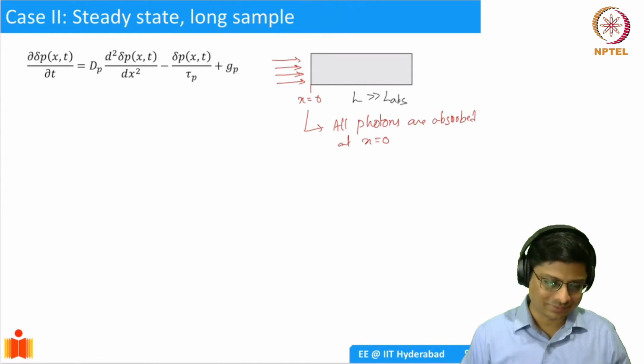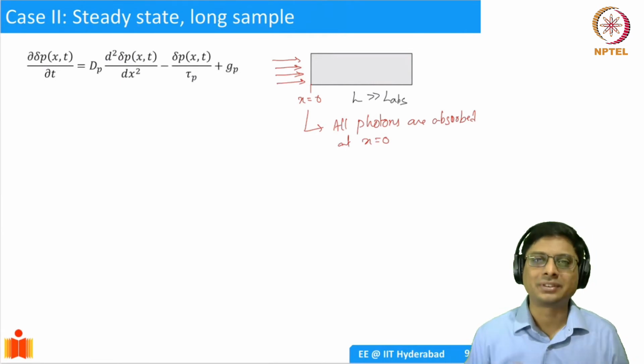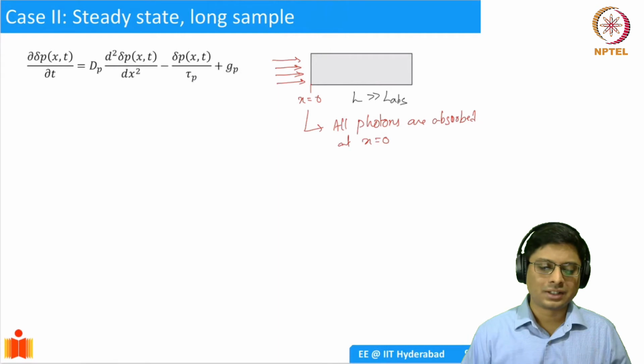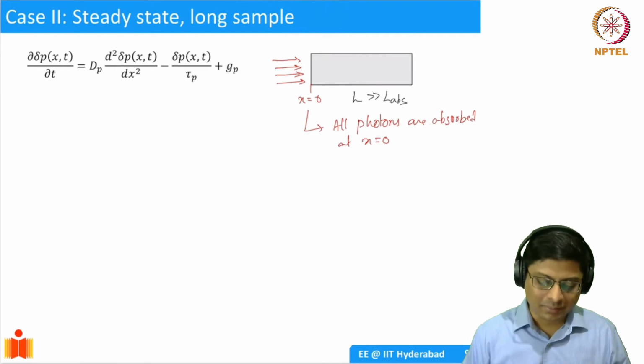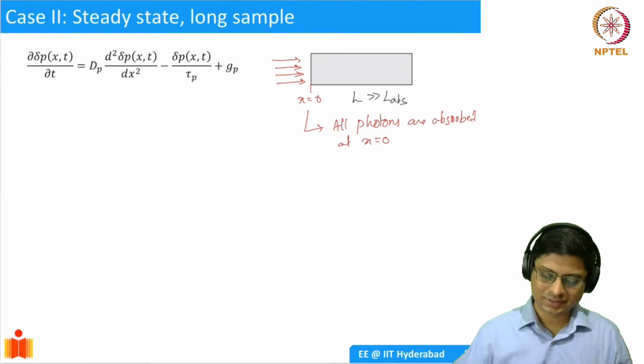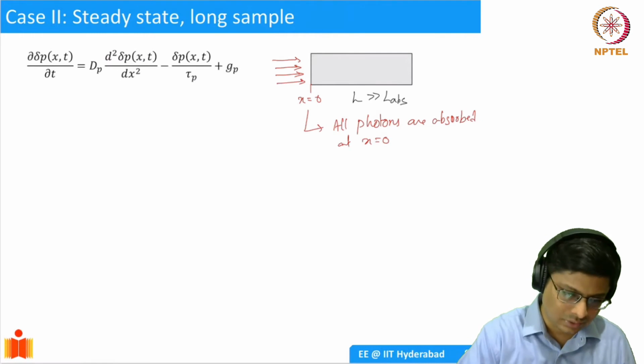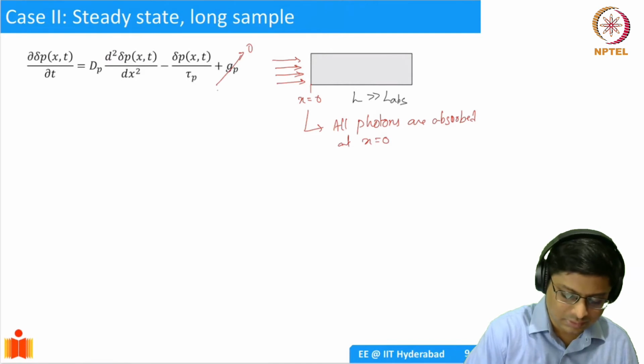So what happens? You turned on the light and you want to watch what happens. One important point is that we are simplifying the problem. We are assuming that the light is not penetrating into the sample, so there is no generation within the sample.